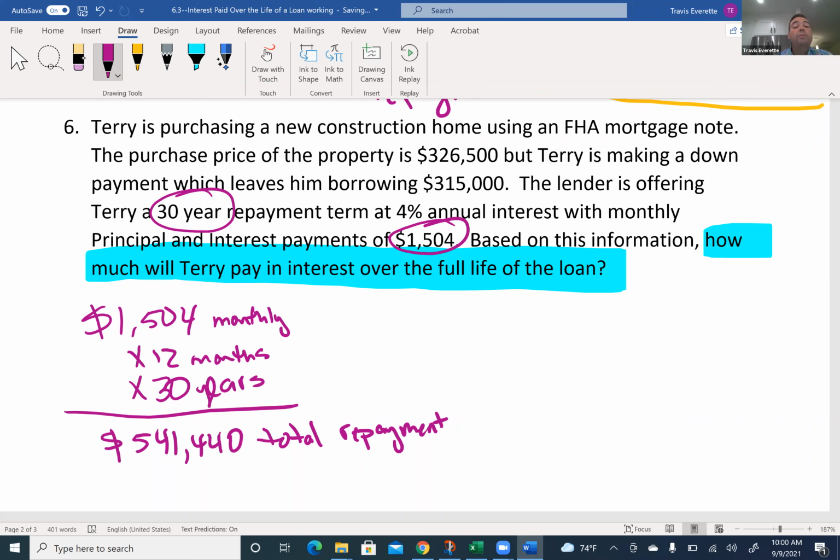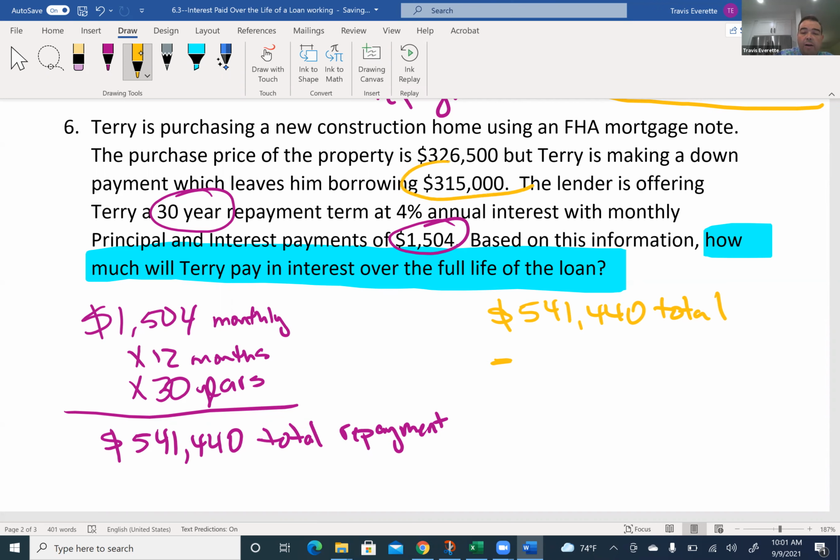But they ask us for how much is just the interest. So now we got to go back and say, all right, well, how much did Terry borrow? We know he paid back $541,440. That's total repayment. How much of that was loaned? How much of that was principal? Well, we got two numbers here. Purchase price of $326,500 or the amount borrowed after the down payment of $315,000.